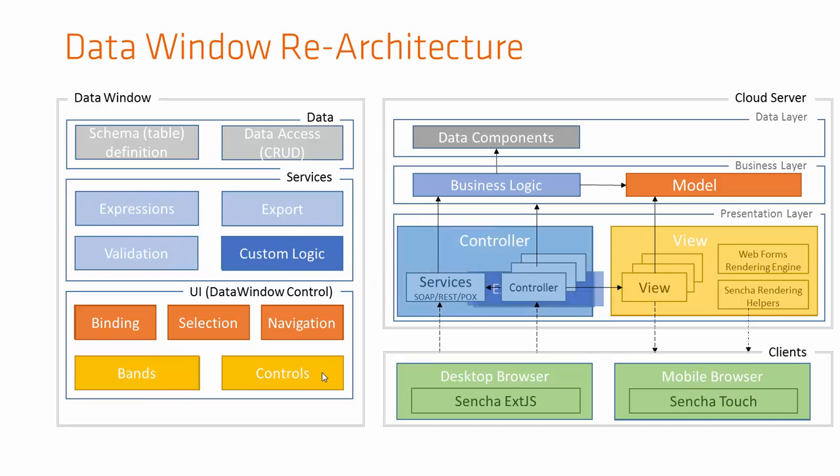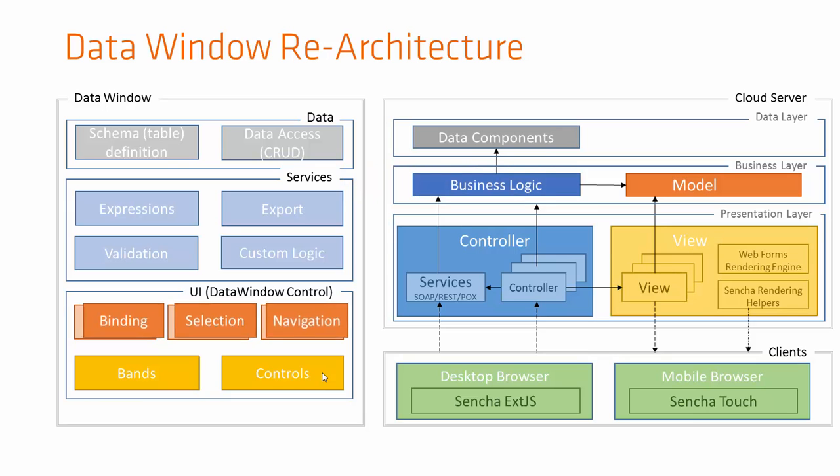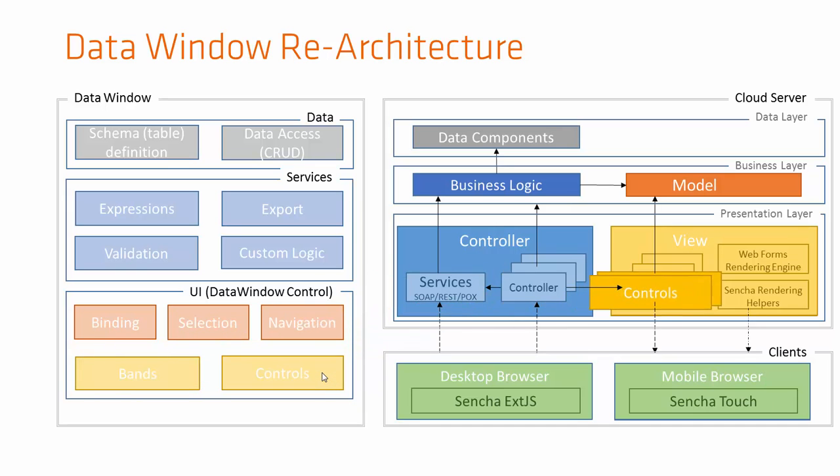The standard services go to the controller, and custom logic is added to the business logic layer. And then UI operations go to the rendering part of the view to be rendered on the client pages. And bands and controls also obviously become part of the view. And then the view is rendered either on a desktop browser or on a mobile browser, which gives us the mobile experience on the same code base in the migrated application.